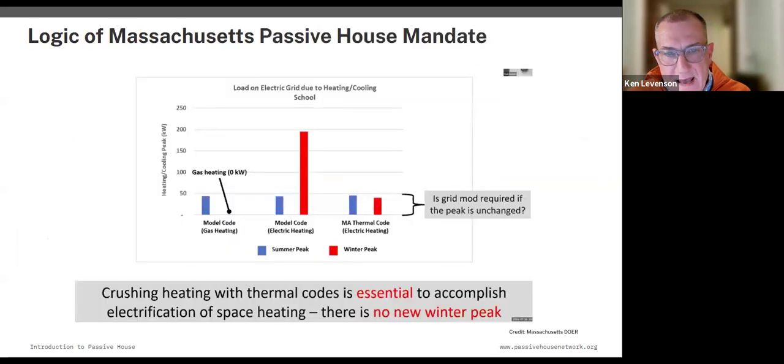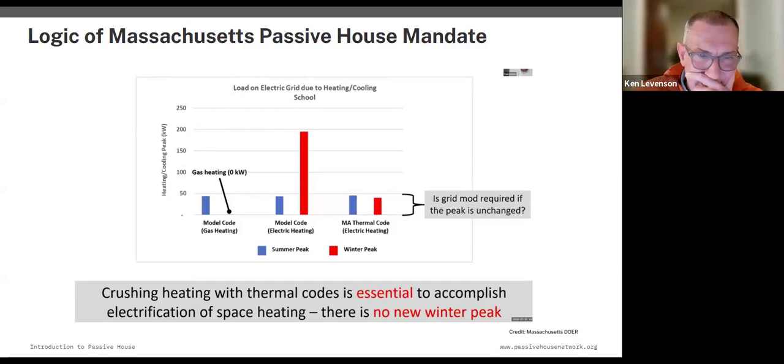And what's super interesting, and this ties back to it, is what Massachusetts has done. Massachusetts looked at their future needs in terms of electric grid and electrification, and they were looking at updating the building codes.